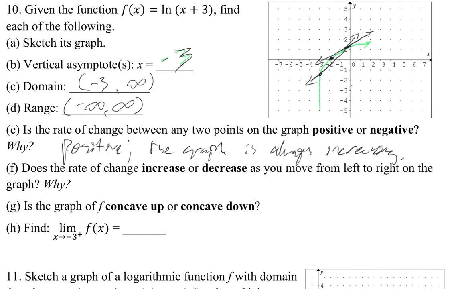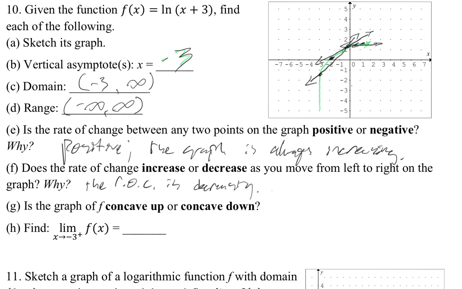It's smaller. You can imagine that as you keep going, these secant lines are going to get a smaller and smaller slope. So this means that the rate of change is decreasing.